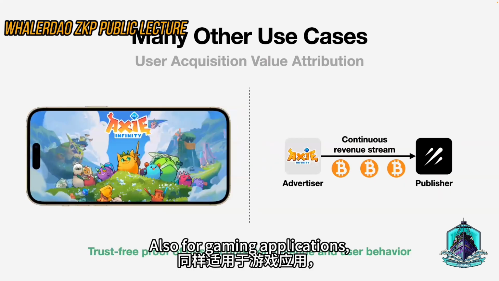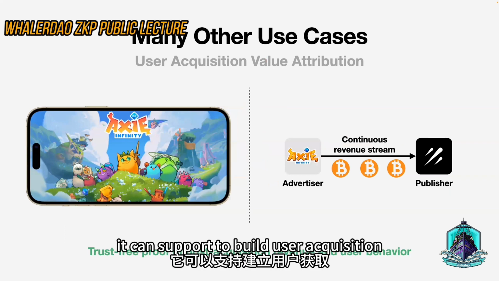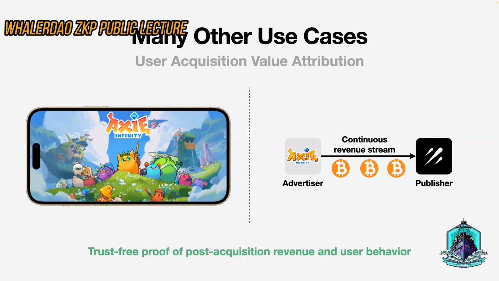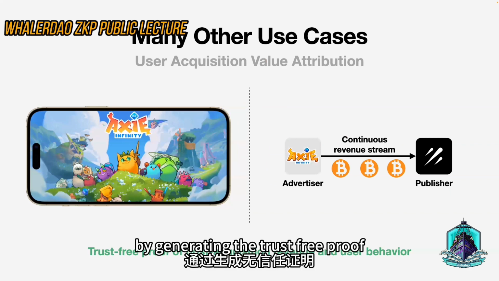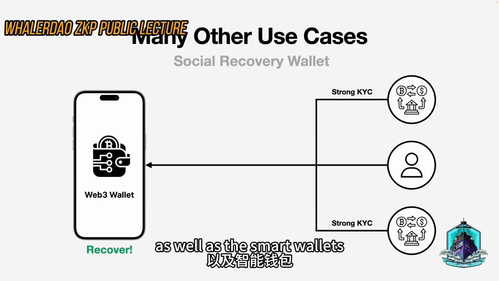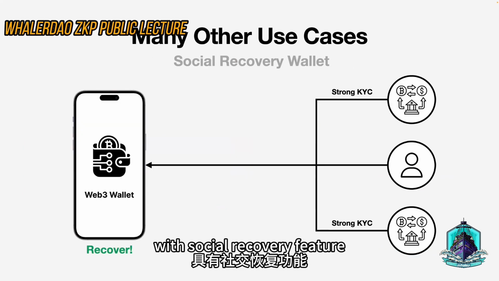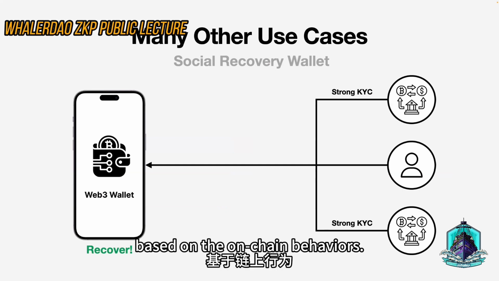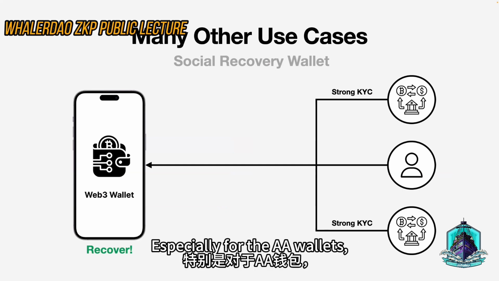Also for gaming applications, it can support building user acquisition and incentive programs by generating trust-free proof of post-acquisition revenue and user behavior, as well as smart wallets with social recovery features based on on-chain behaviors, especially for AA wallets.